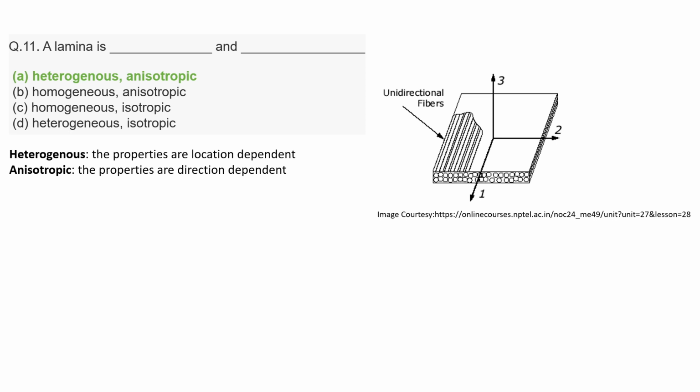So in every direction, the properties will be different for the reinforcement. Now, because the matrix is isotropic and the reinforcement is not isotropic, when we combine these two, it becomes anisotropic. That is, in every direction, the properties will be different. That's why we say a lamina is heterogeneous and anisotropic.